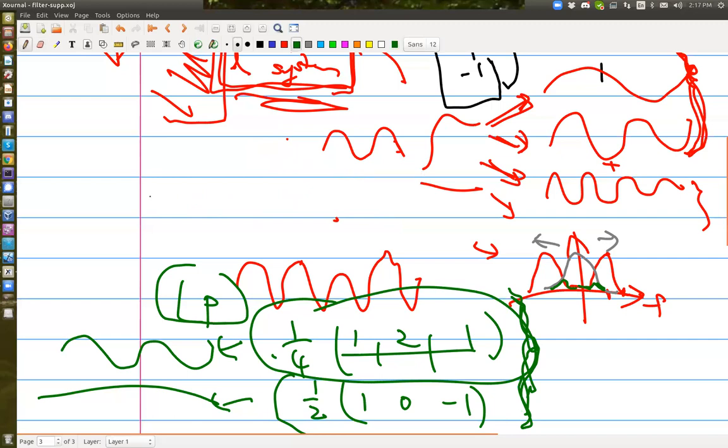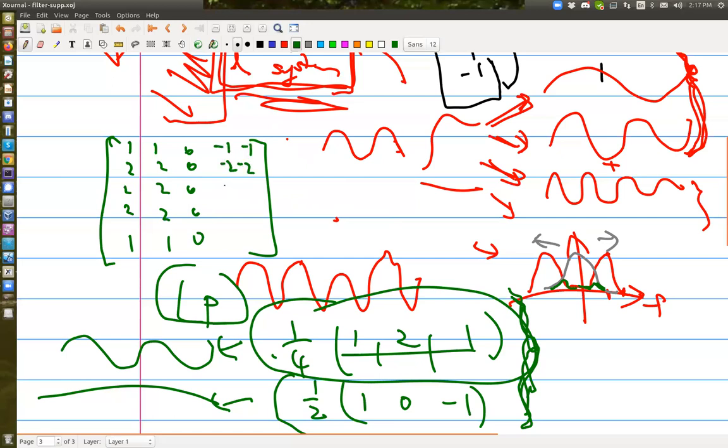I can do a filter like 1, 2, 2, 2, 1, then 1, 2, 2, 2, 1, and then 0, 0, -1, -1, -2. It's still a low pass filter vertically and a high pass filter horizontally, right? Yes. I can do something similar to this.